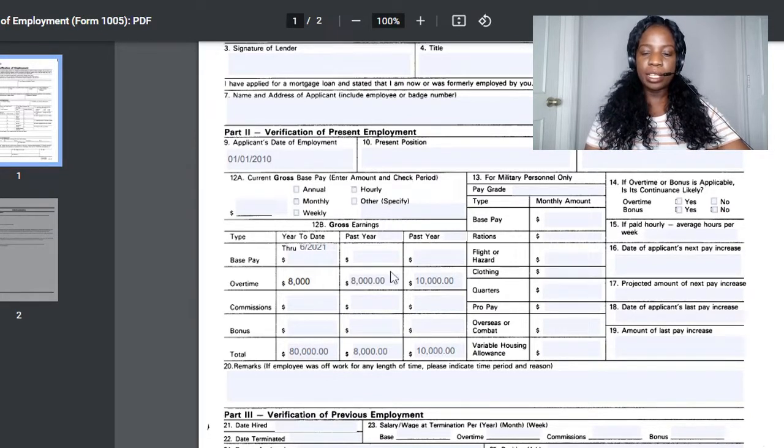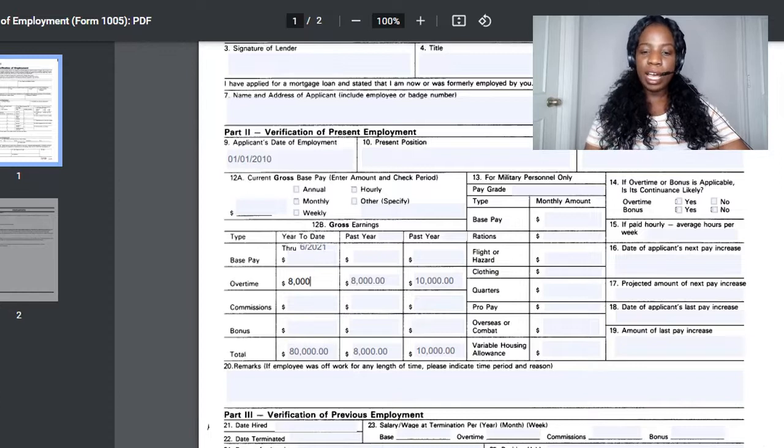We would ask the borrower, ask the employer, why was there a decline in income? Perhaps this borrower has a good reason for 2020, like COVID. Maybe because of COVID they weren't offering as much overtime, or maybe he had a leave of absence because of COVID, something of that nature.